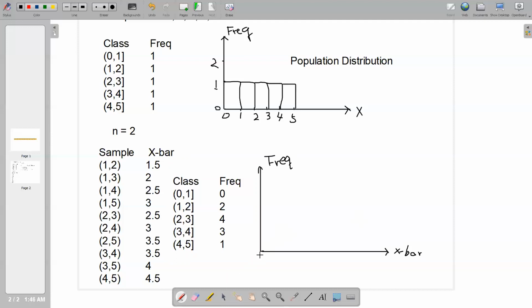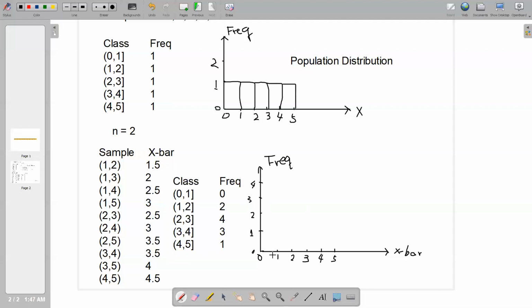And we're going to label just like how we labeled earlier. 0, 1, 2, 3, 4, 5. And then we're going to label here 0, 1, 2, 3, 4.